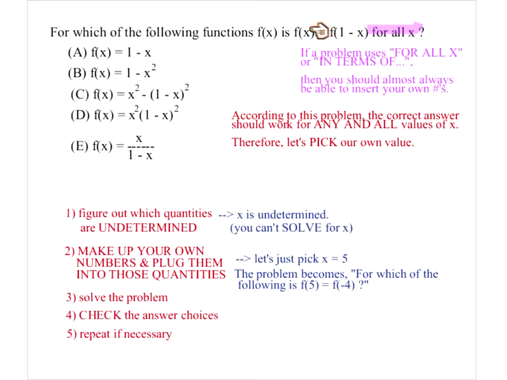It says that f of 5 has to equal f of -4. So instead of dealing with these sort of frustratingly abstract variables, now we can just plug 5 into f and plug -4 into f and just see what happens.